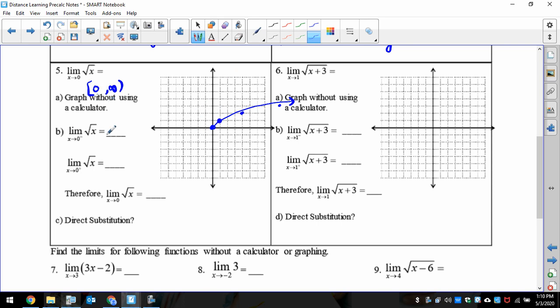So this one, the left-hand limit, coming closer to 0 from the left-hand side, like this, there's no graph. So there is no value of the function as I come from the left. So this left-hand limit does not exist. Now, the right-hand limit, on the other hand, does. As we follow the graph coming from the right, the y values are getting closer and closer to 0. So these two don't meet up.